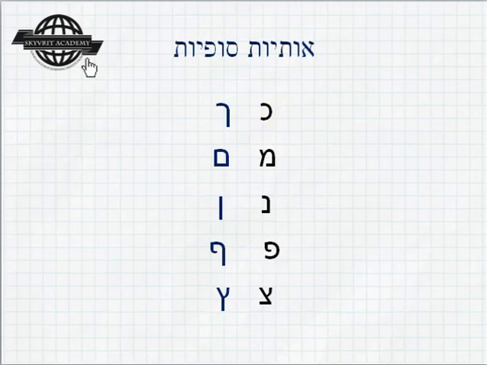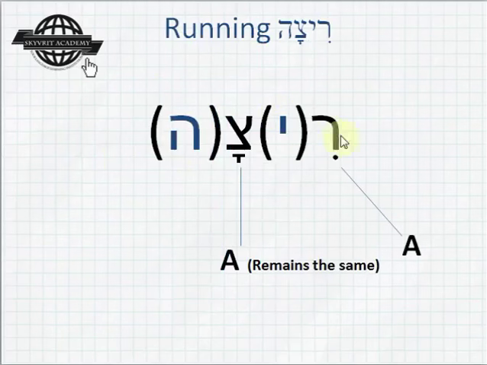So as we saw previously, in this example, we can see that we have tzaddik here. Now, as we said, we transform this sound into A. This one remained the same.